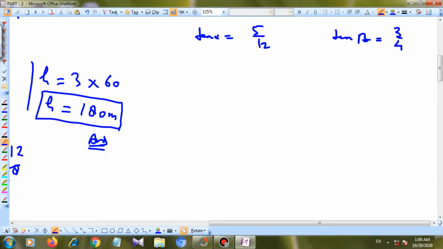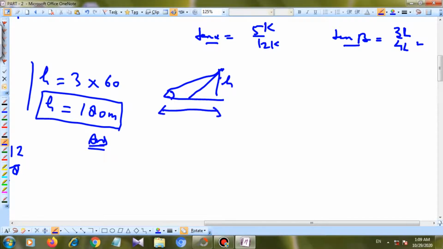So this is a ratio, and tan beta is also a ratio. It means the actual values will be 5k and 12k, and 3l and 4l. Here tan alpha means the ratio of this to the whole side, and tan beta means h upon this. But in both cases the height is the same.